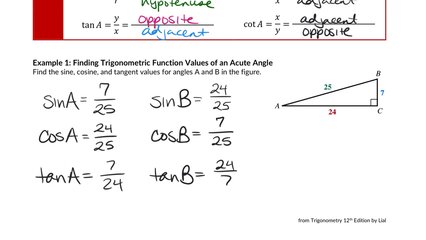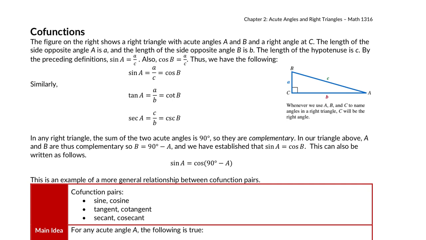There's a very interesting relationship between these trig functions when we're looking especially at a right triangle, because the only degrees we have left to play with since we have a right angle is 90 degrees, which means these functions are actually titled cofunctions, which is different than reciprocal functions and will be different than inverse functions when we get there. So this is particularly a property of these functions called cofunctions.